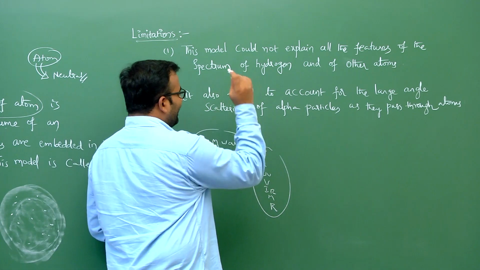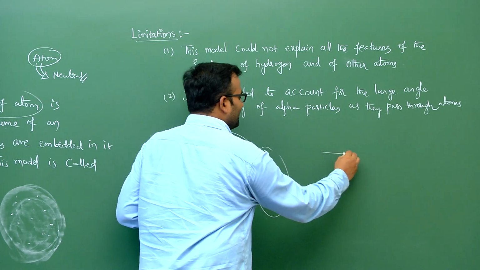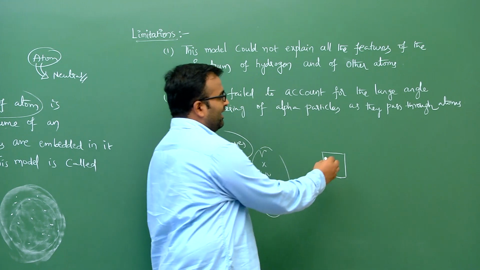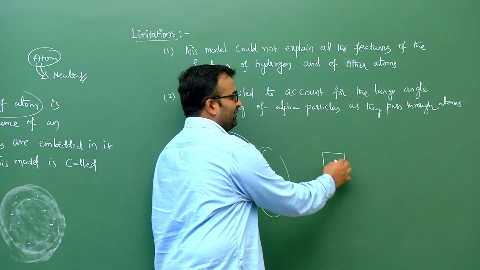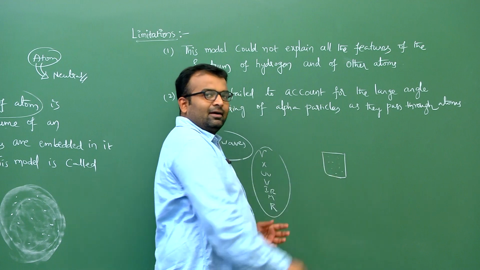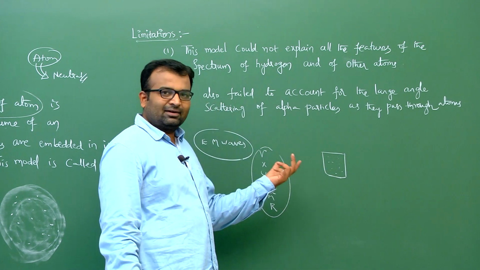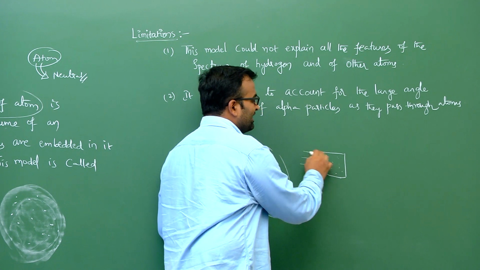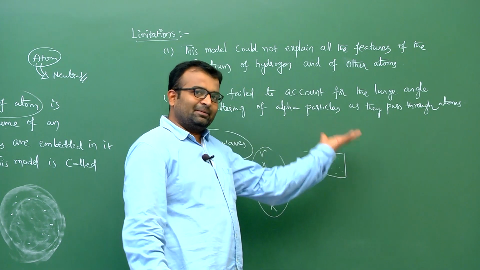What actually happened in that period of time is that people used to conduct experiments on different atomic gases. Different gases would be taken in an evacuated tube, like our discharge tube. They used to send some external energy to them to excite them.